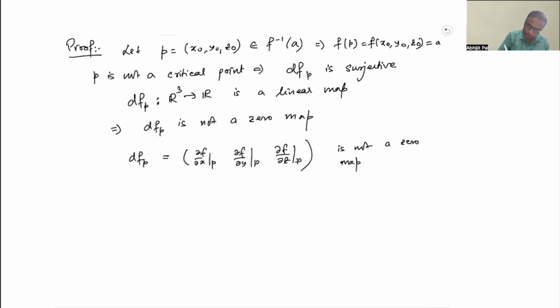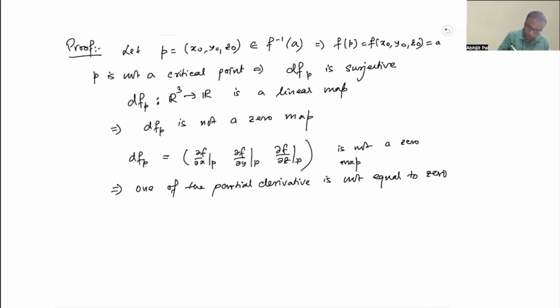Because this differential is not a zero map, one of the partial derivatives is not equal to zero.